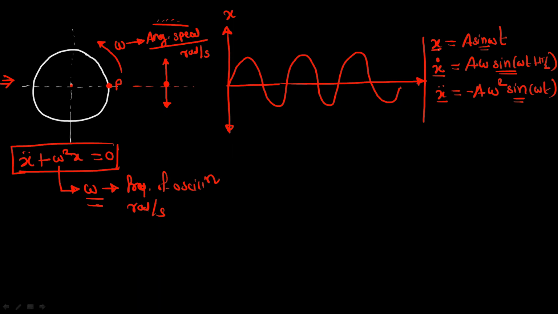So let us plot this. X is equal to a sine omega t, x dot and x double dot on displacement versus angle. So here the x-axis will remain constant. So this is the omega t.